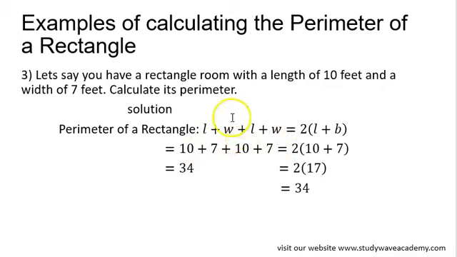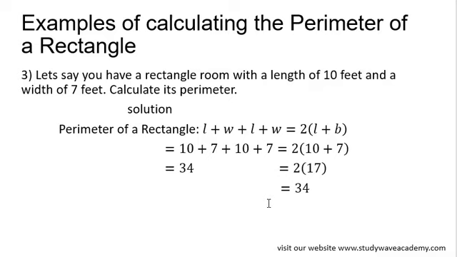You either use this pattern or this pattern, you will arrive at the same answer. Just like we have 34 here. When you calculate everything, your answer here is 34. And when you calculate everything here, your answer here is 34. You arrive at the same answer whichever method you use.